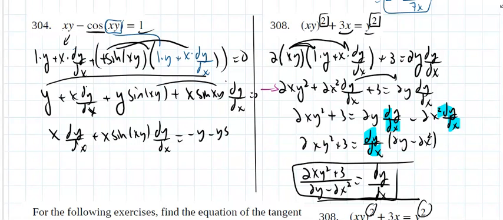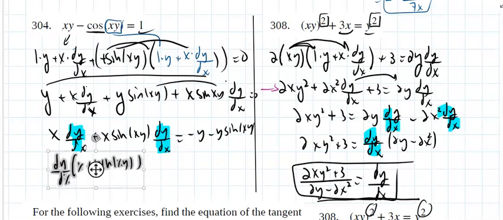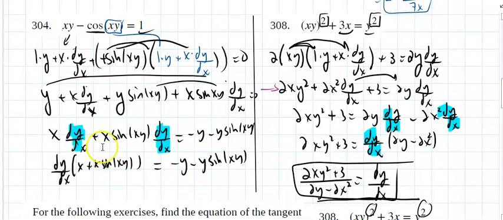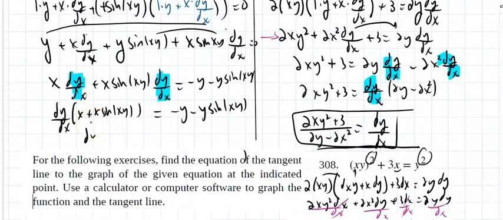That's negative y minus y sine of xy. And if I factor dy dx out of both of those, and if I divide both sides by the parentheses, pretty much I'm done. And that's where the bulk of the problem is. You know, all of this is algebra, simple algebra too.